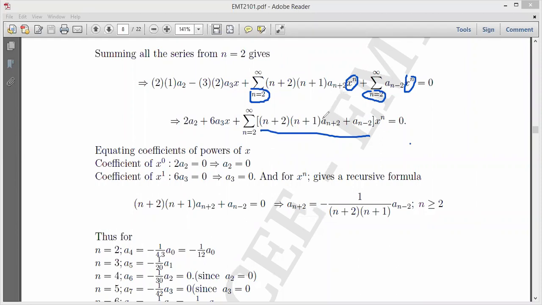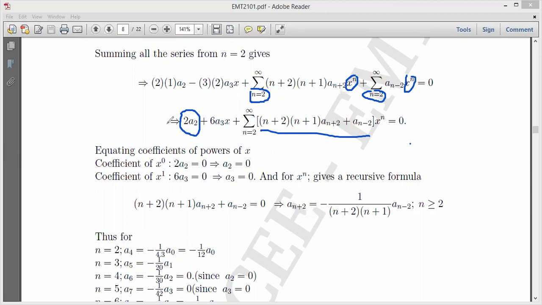So once you reach here, we are now going to simplify this. And we are saying if you take the coefficients of the powers of x, now remember, when you take x to the 0, we had this term here. For you guys who may remember, when we took x to the 0, we got a2.